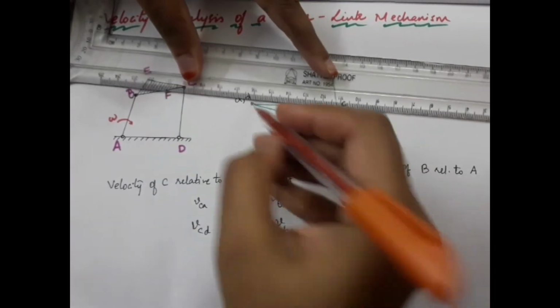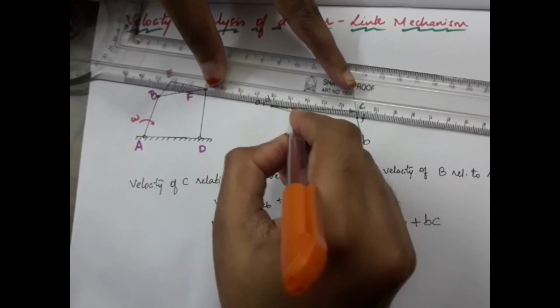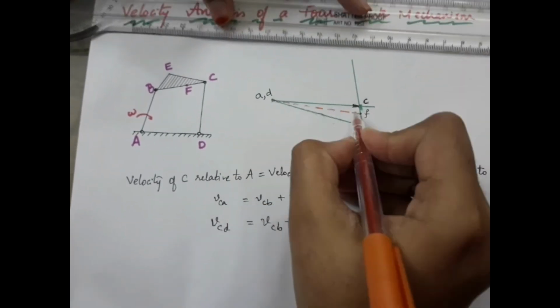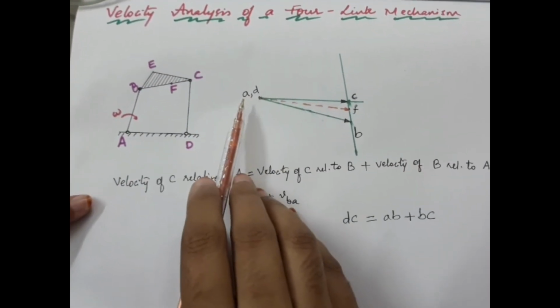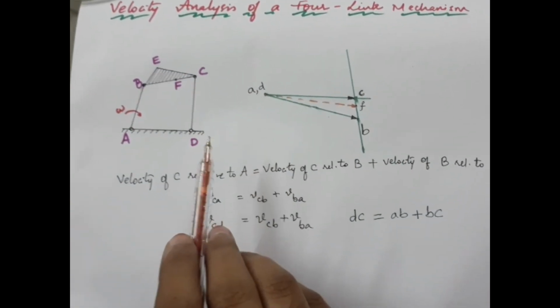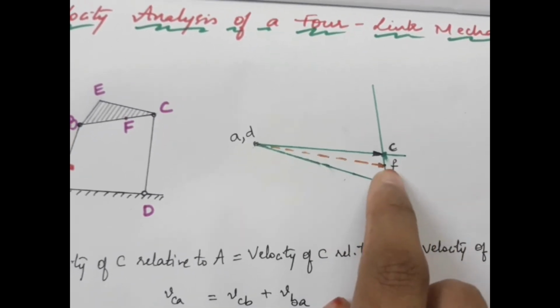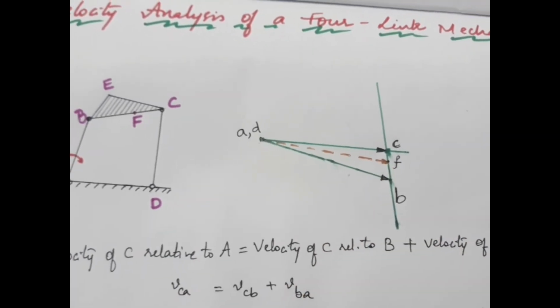If we join A or D to F, then that will be the absolute velocity of point F, because A and D are fixed. So this is how we plot the intermediate point, and we have joined to find the absolute velocity of F.